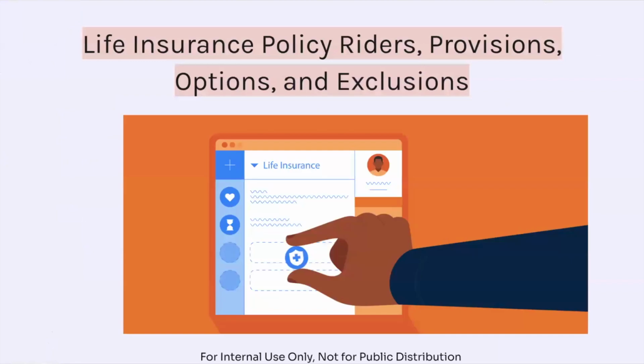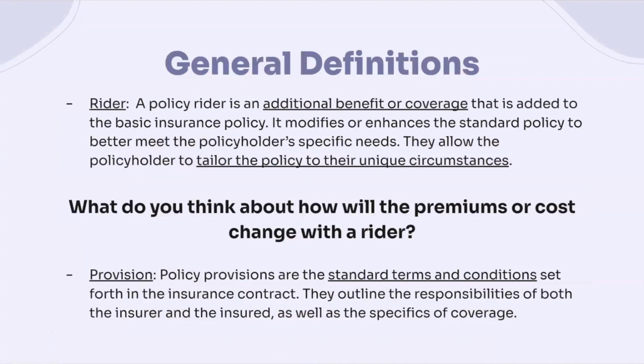So when we're taking a look at these riders, provisions, and exclusions, first I want to think about the general definitions. Riders are added on to an existing life insurance policy. Hopefully we know about some of these policies like whole life, universal life, indexed universal life, variable universal life.